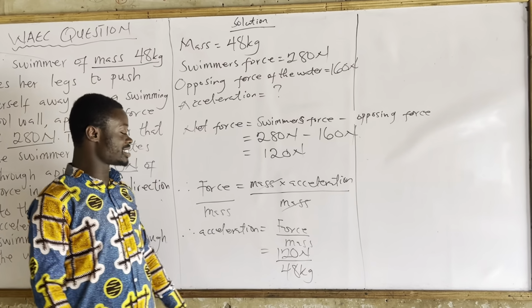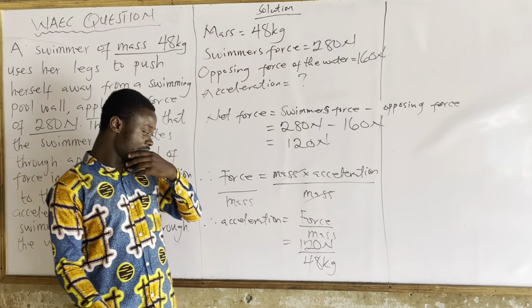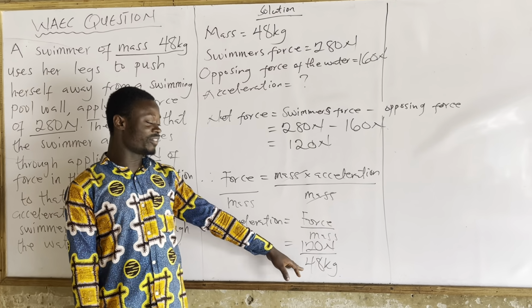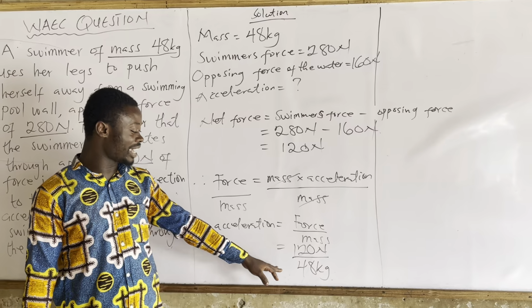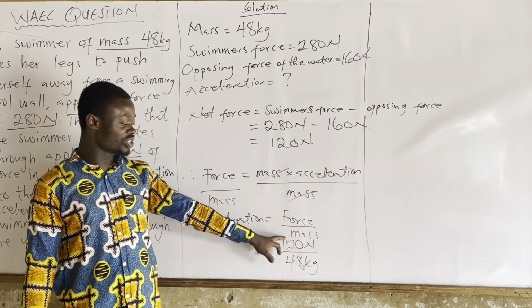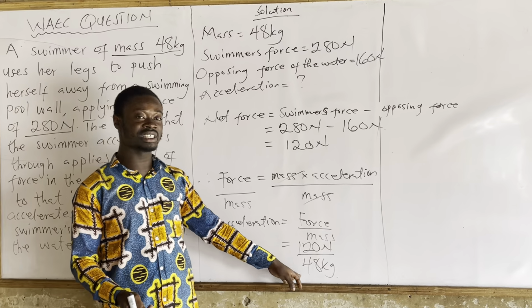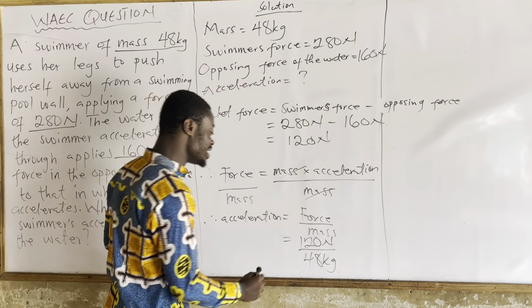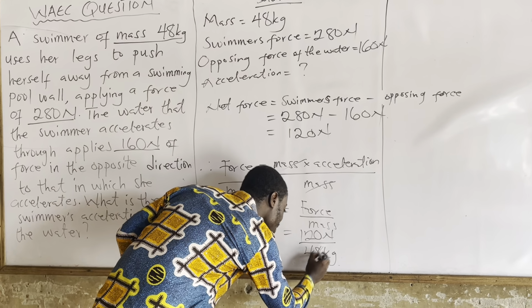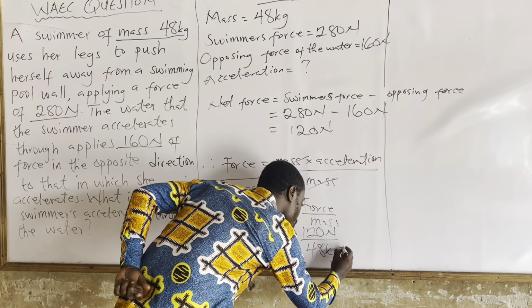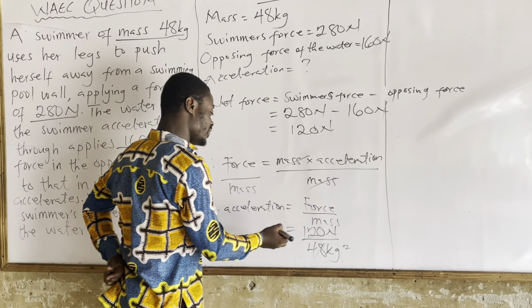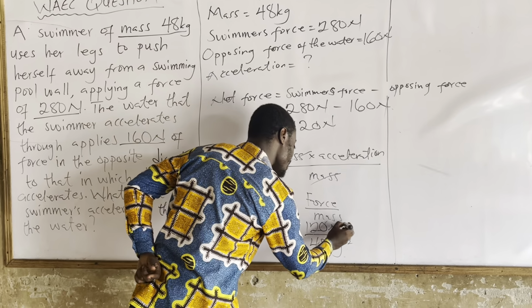Now let's cancel out and get our answer. From mathematics, you can find the highest common factor of 120 and 48, which is 24. So 24 can divide 48 to give us 2, and it can also divide 120 to give us 5.